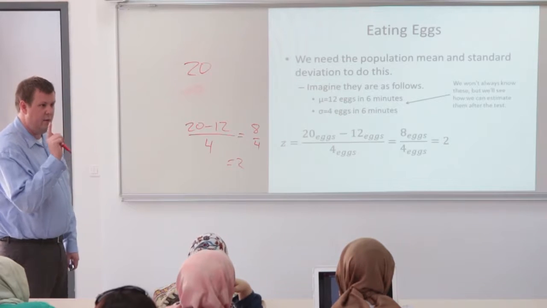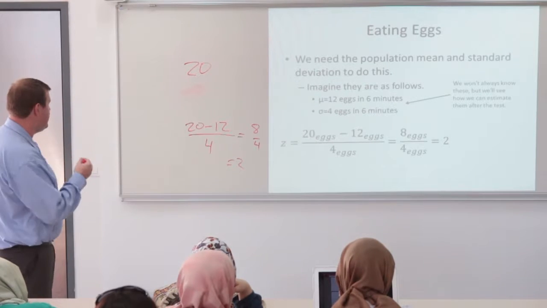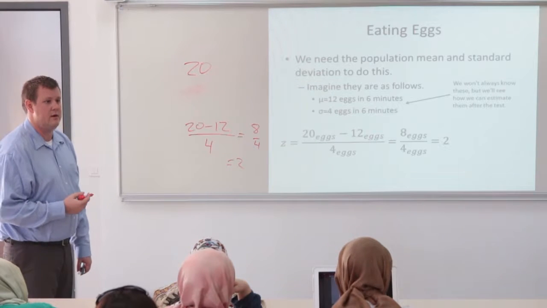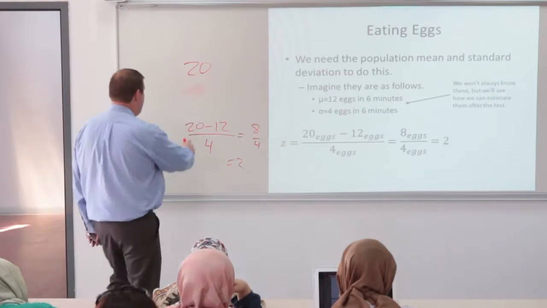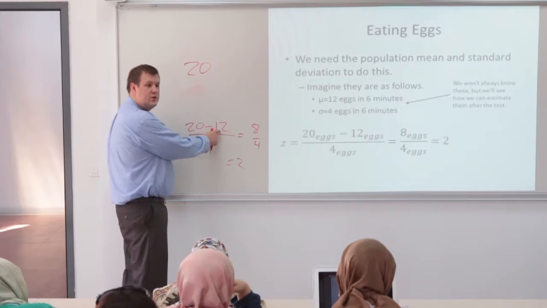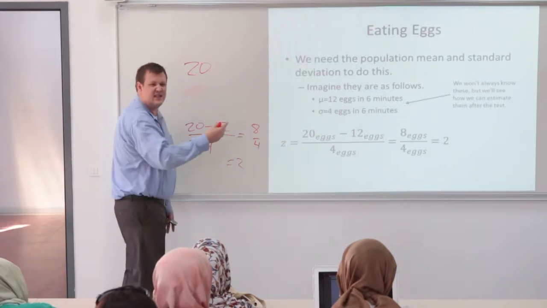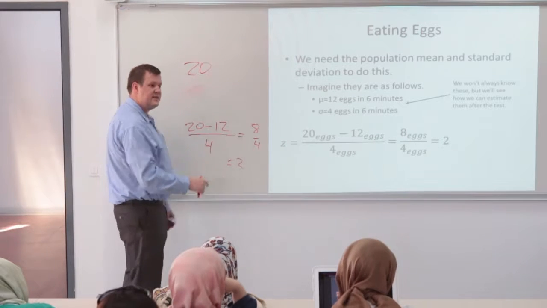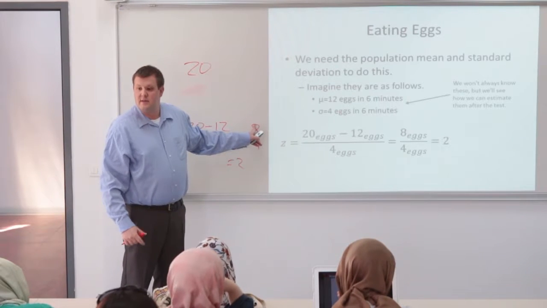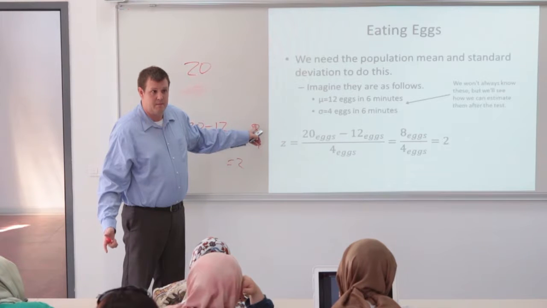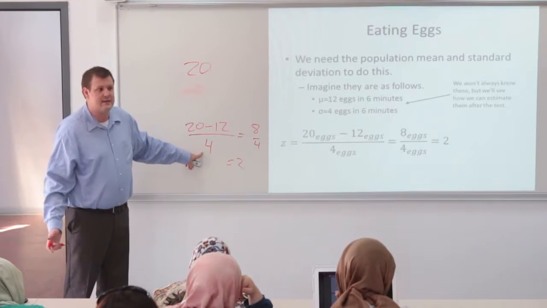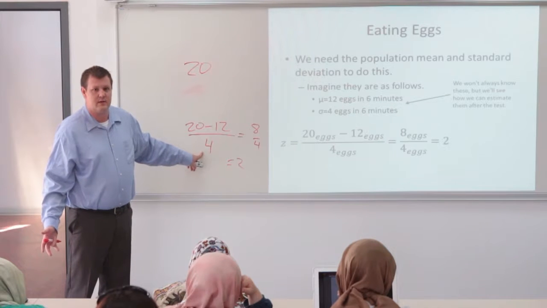Now, I want you to notice something. We said 20 minus 12 divided by 4. That's not actually what we were doing. This is 20 eggs minus 12 eggs in 6 minutes. So the deviation is 8 eggs in 6 minutes, right? The standard deviation here is 4 eggs in 6 minutes.